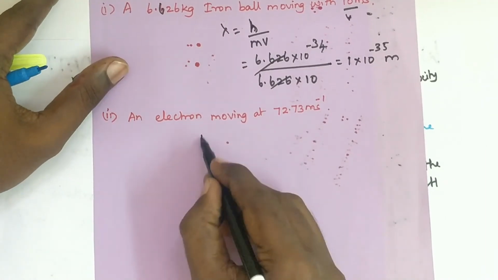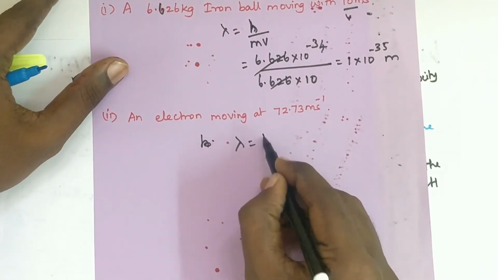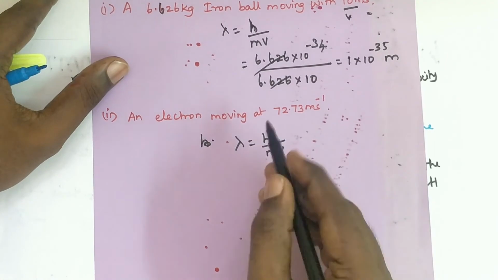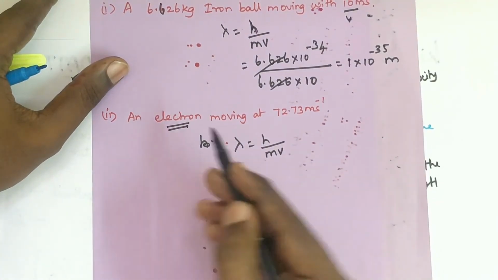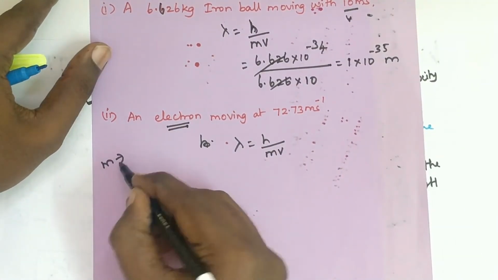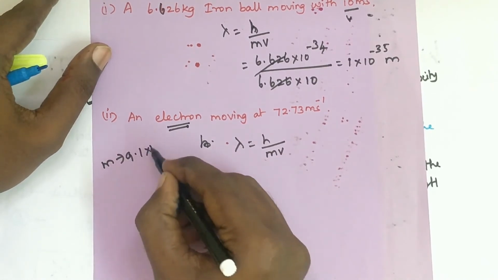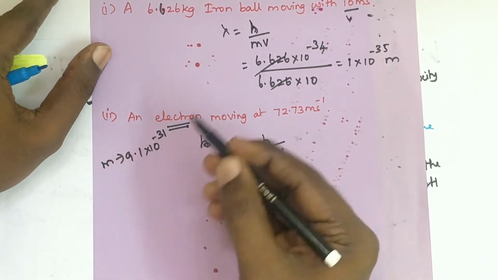For the second one, lambda is equal to h by mv. In this case they mention an electron, so the mass is fixed: the mass of the electron is 9.1 into 10 power minus 31.